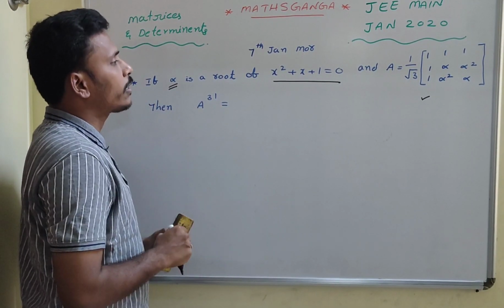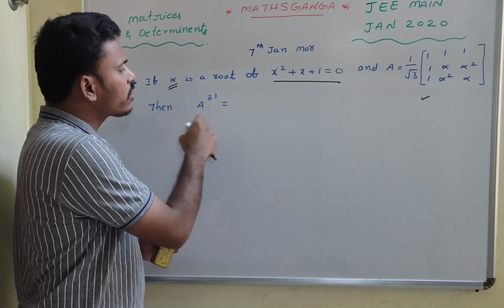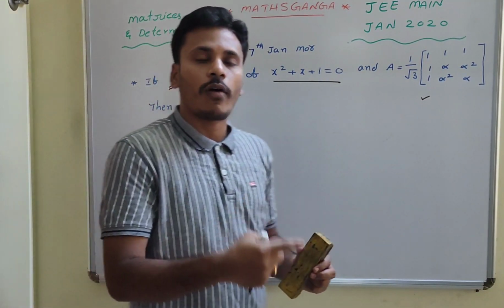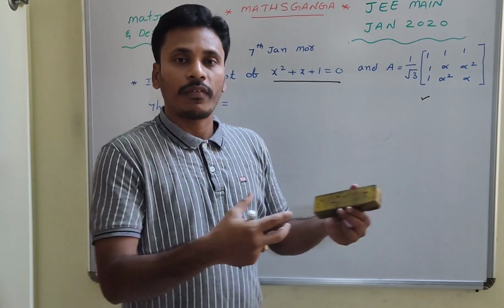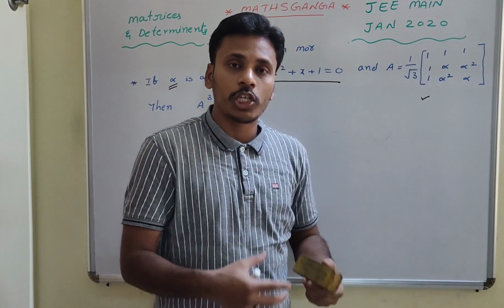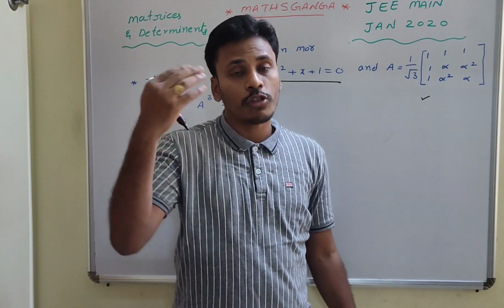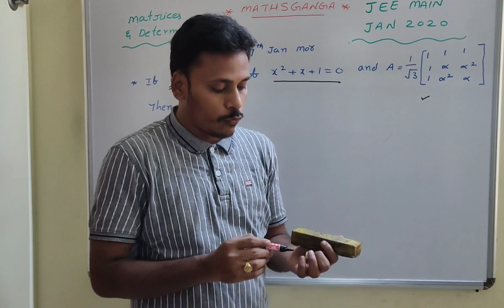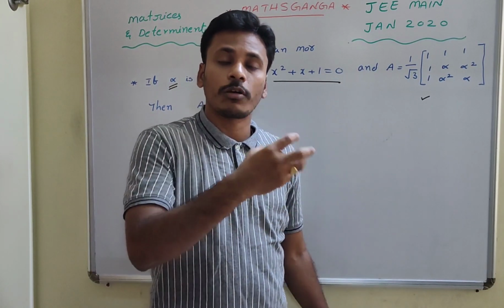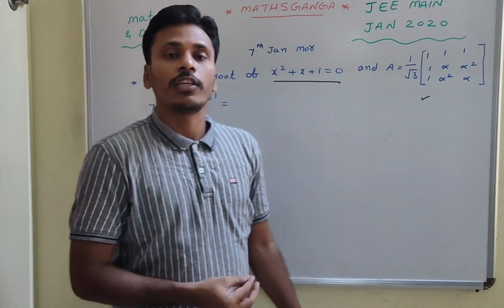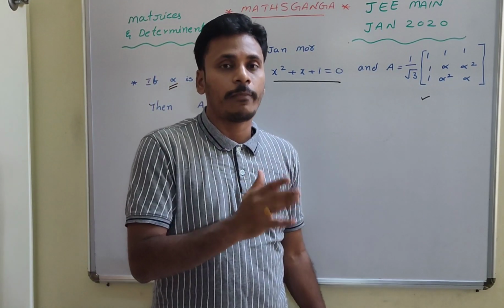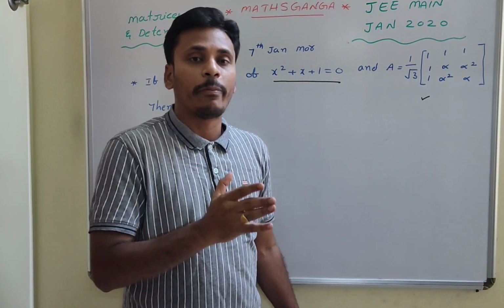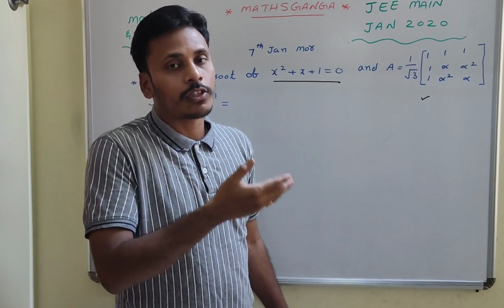For all these types of problems, if they ask us to find A power 31, A power 64, or some matrix to the power 50, some matrix to the power 2020, that is, a matrix to a large power, in all those cases you need to identify a series, a sequence, a pattern involved in the powers of matrices.